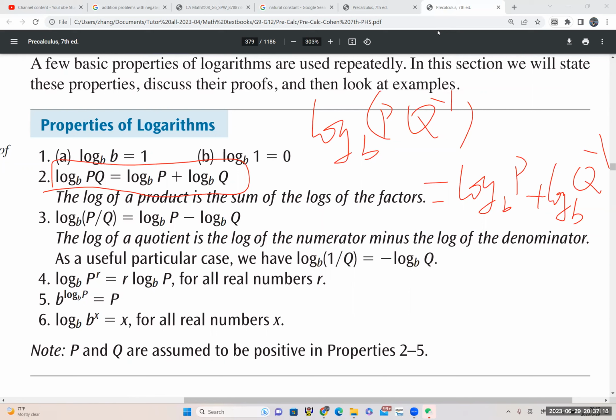Remember the rule just now, so -1 can go to the front. Remember this? B to the n's power equal to n. Let me explain how it's like this.